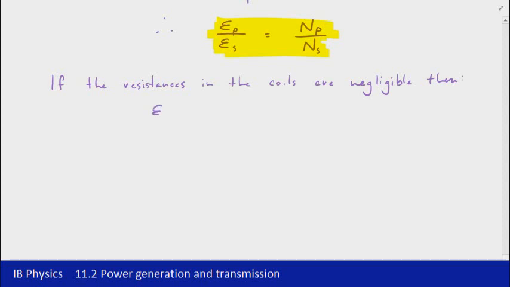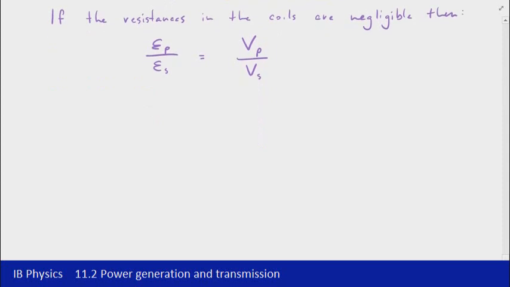So we can say that EMF in the primary over the EMF in the secondary is the same as the potential difference across the primary coil and the potential difference induced in the secondary coil. That's not actually part of the data booklet, but it links back to that idea, and I'll come back to it in the next video as well.